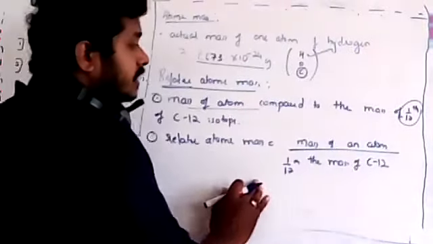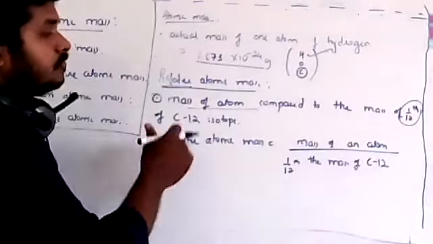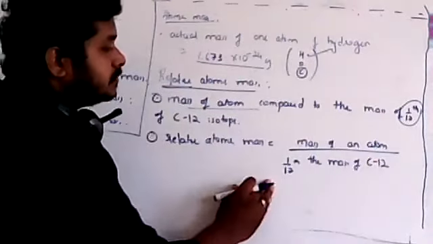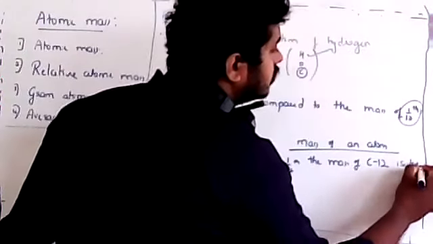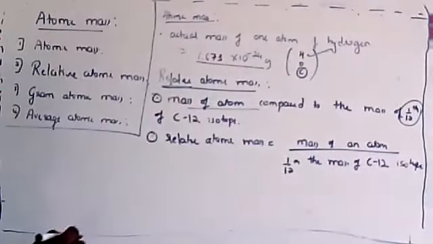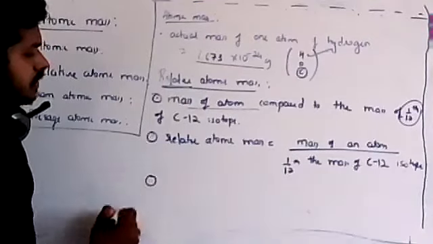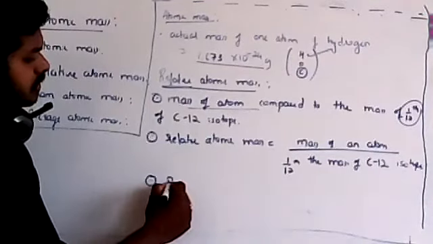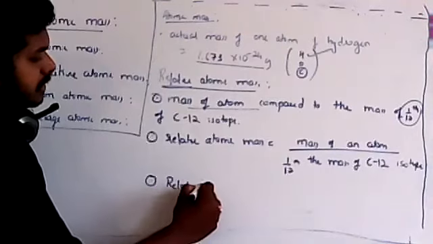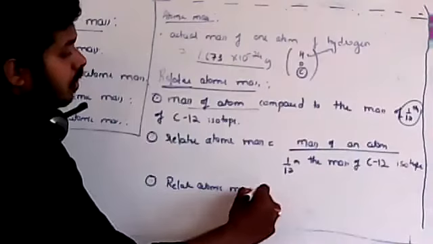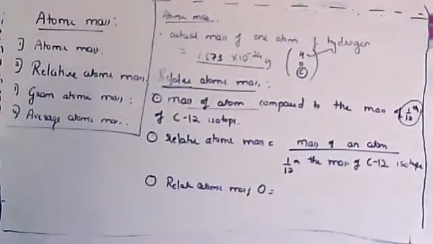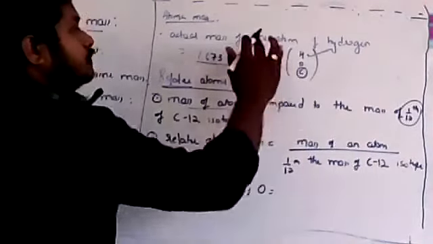So let's understand: mass of an atom divided by 1/12 the mass of the C12 isotope. If you want more clarification, you can calculate for another atom. For example, if you want to calculate the relative atomic mass of oxygen, its mass will be 16 times heavier.